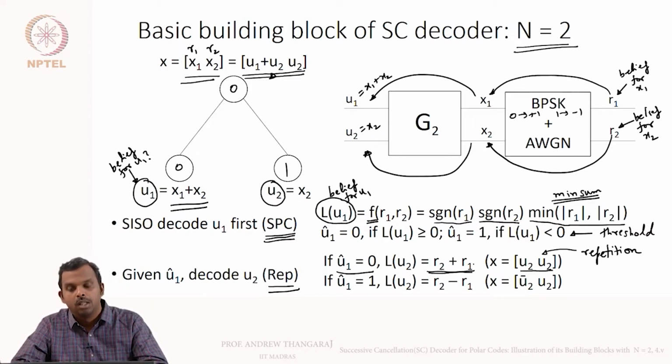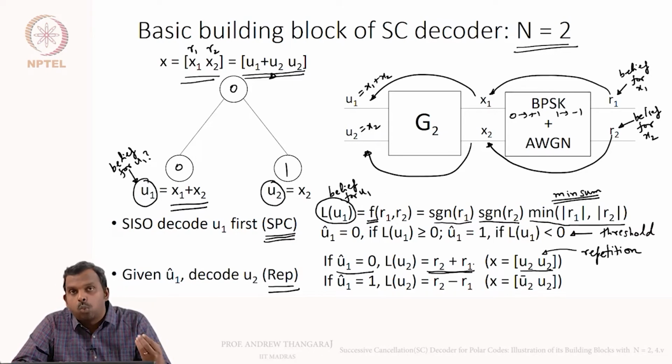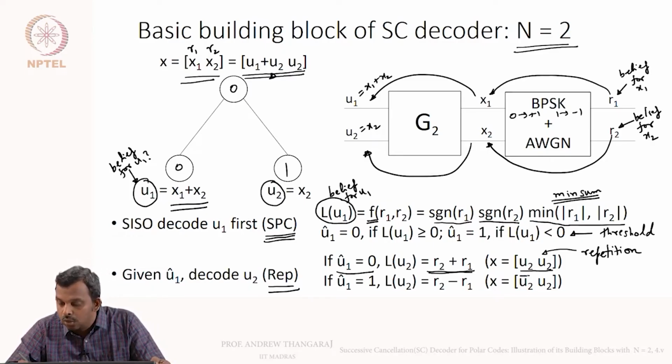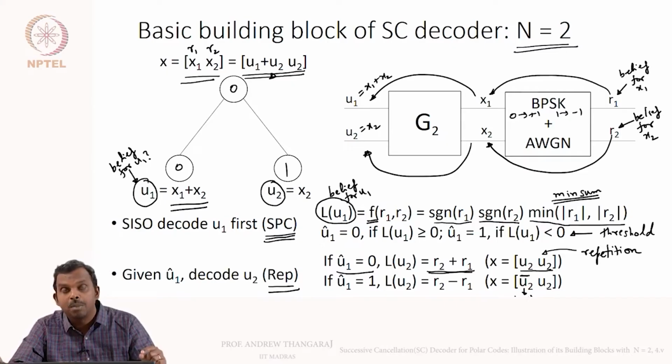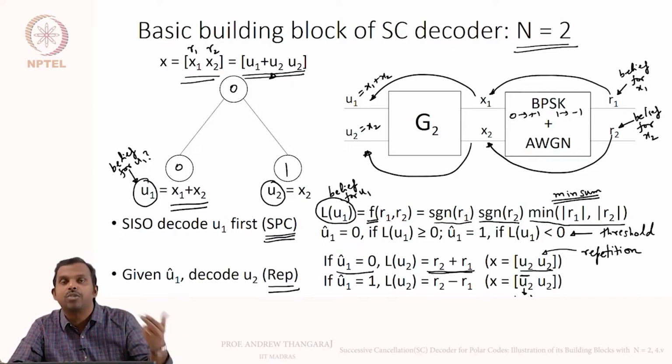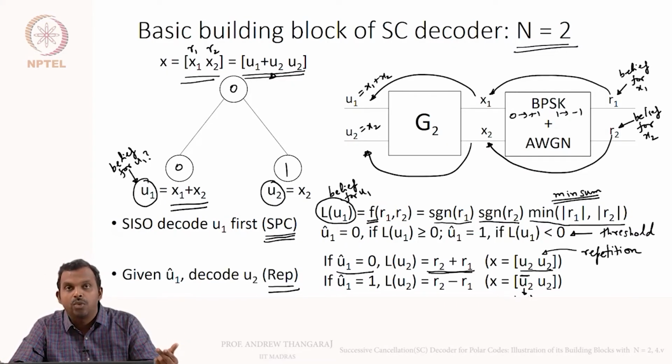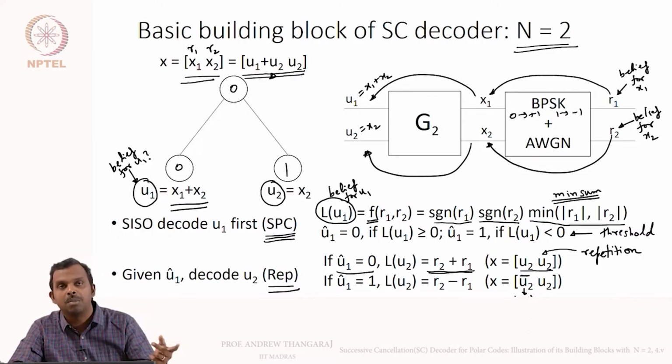Now if u1 is 1, the situation is very similar. What is x? It's u2 bar, the complement of u2, that is 1 plus u2, and u2. So r1 is a belief for u2 bar, the complement of u2. If you have a belief for the complement, what is the belief for the actual bit u2?